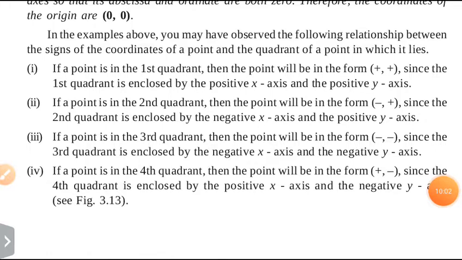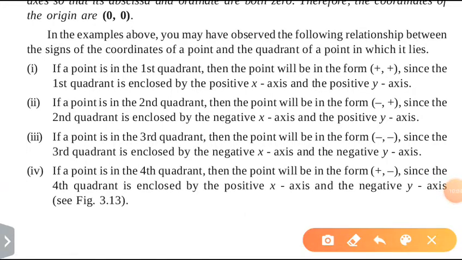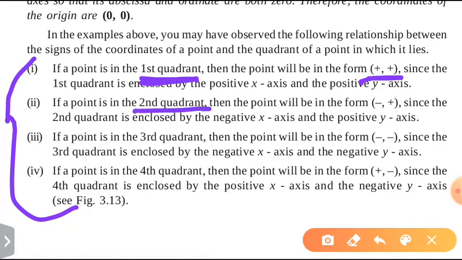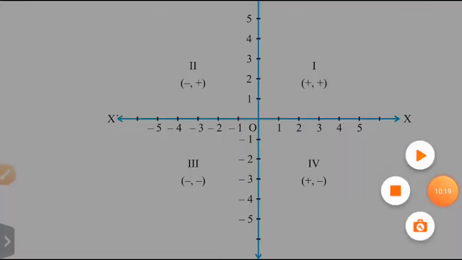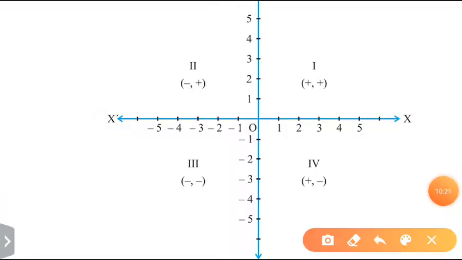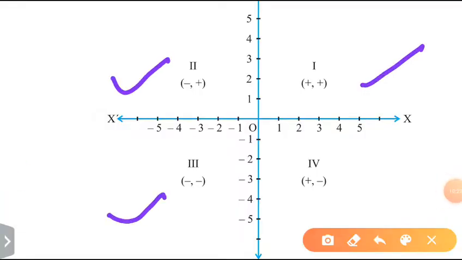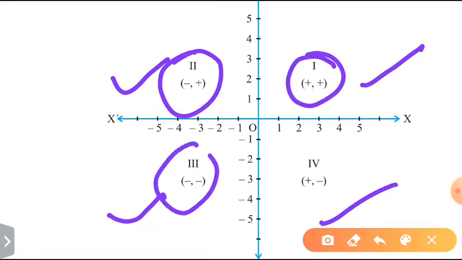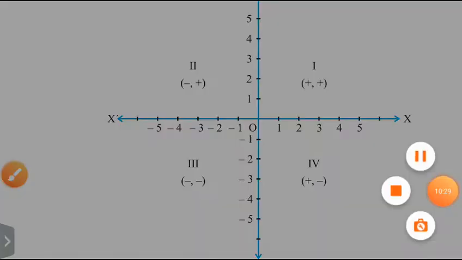In this figure you can see that in the first quadrant there are plus plus, in the second quadrant minus plus, in the third quadrant minus minus, and in the fourth quadrant plus minus, as I told you earlier. You should understand why this is plus plus, and why this is this and this.